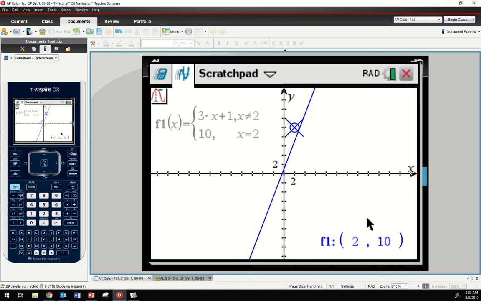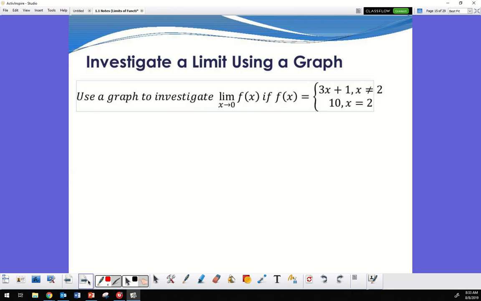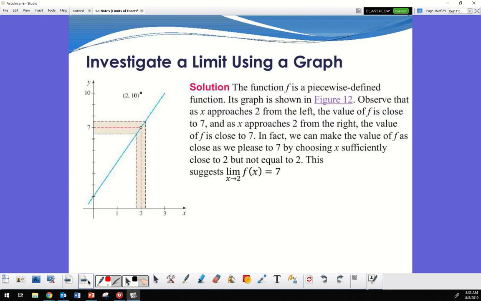Let's see, what do I got next? Okay, right here, piecewise defined, and the function right here, that's what we had. So there was my hole right here, right? There's the hole, and here's where my function actually exists.